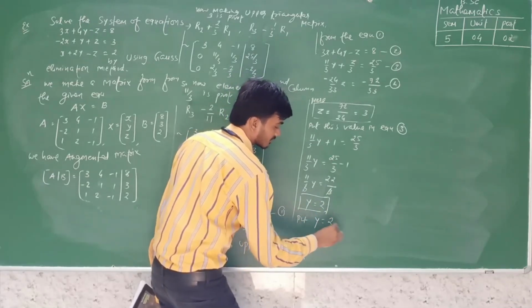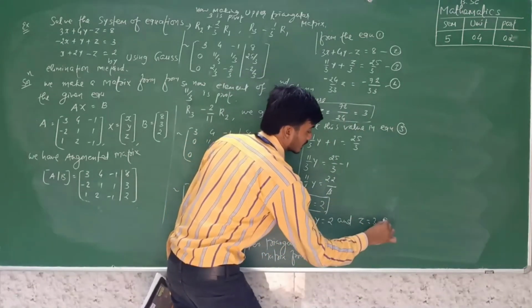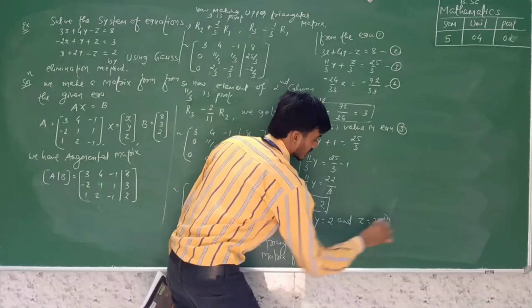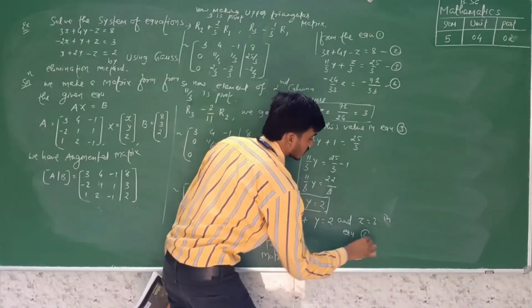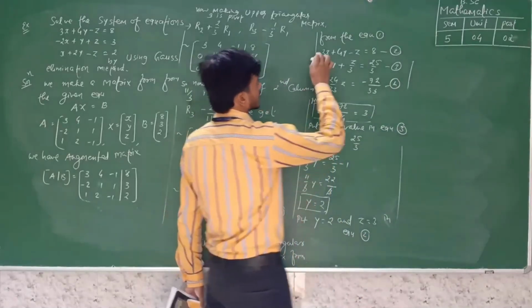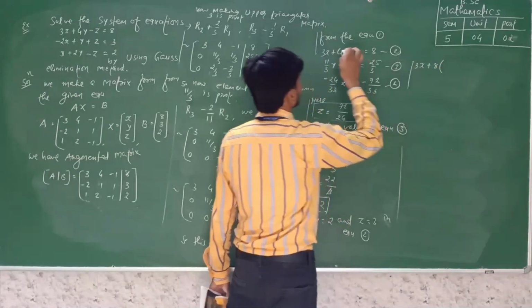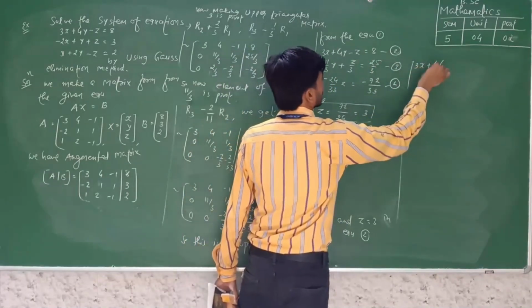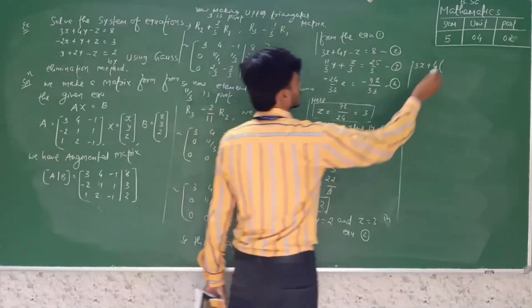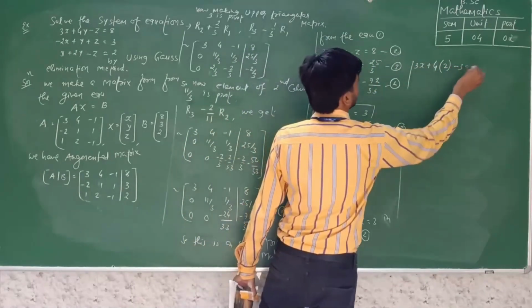Put y is equal to 2 and z is equal to 3 in equation number 1. So 3x plus 4 into y, that means 2, minus z, that means 3, is equal to 8.